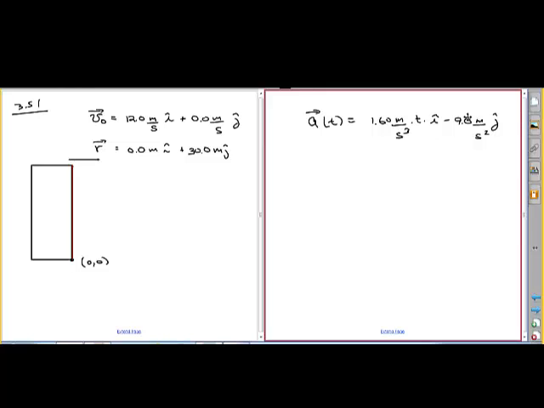So the y component of acceleration is negative 9.8 meters per second squared, and the x component is 1.6 meters per second cubed t times I. So that's the acceleration vector.